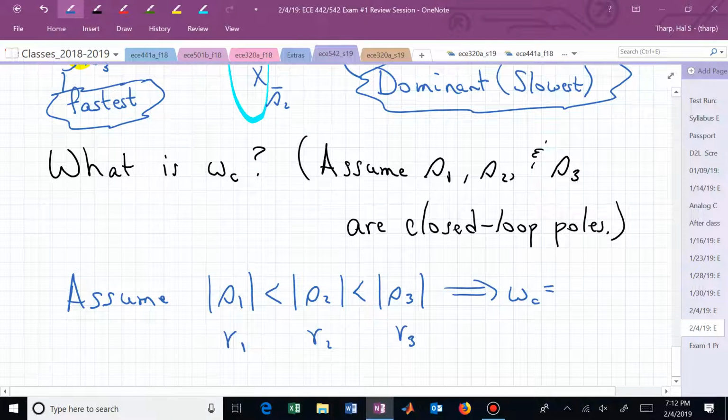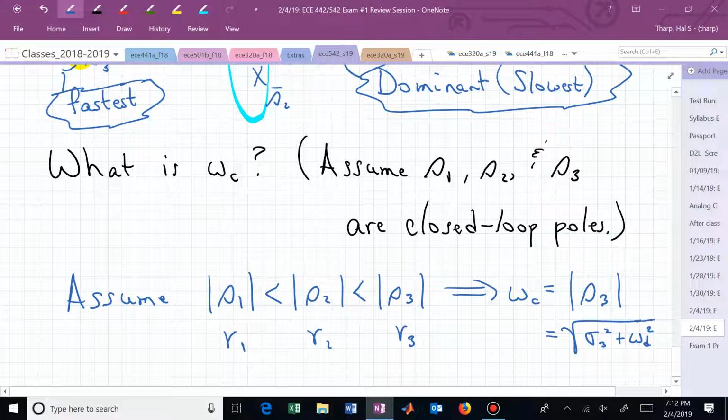Which of those would I use for omega sub c? S3 or R3, right? The magnitude. So now I'm looking at the magnitude of S3, which is really, if we had its real part and its imaginary component, we could just find the hypotenuse from that.